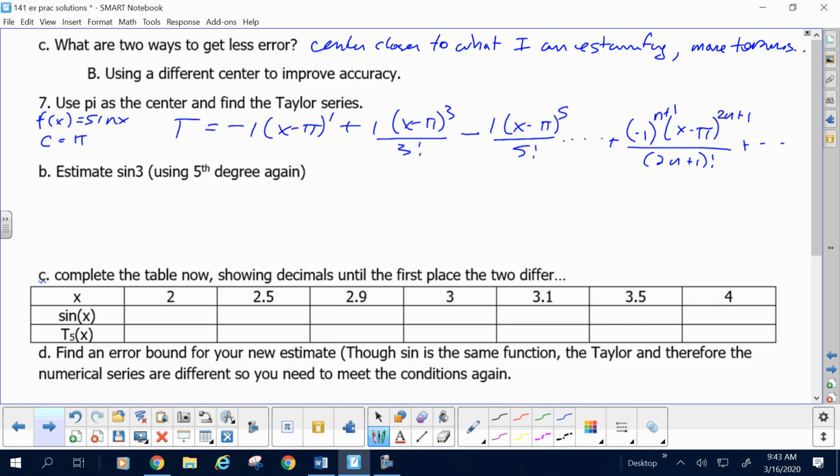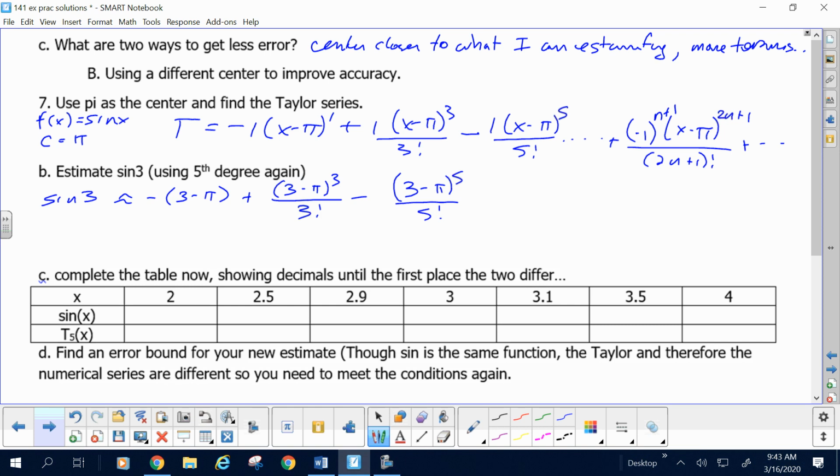So if I try to estimate sine of 3 using 5th degree again, but using my new series, sine of 3 could be approximated by negative 3 minus pi, which, think about that, is really small. 3 minus pi is about 0.14, plus 3 minus pi cubed, about 0.14 cubed, really small, minus 3 minus pi to the 5th over 5 factorial.